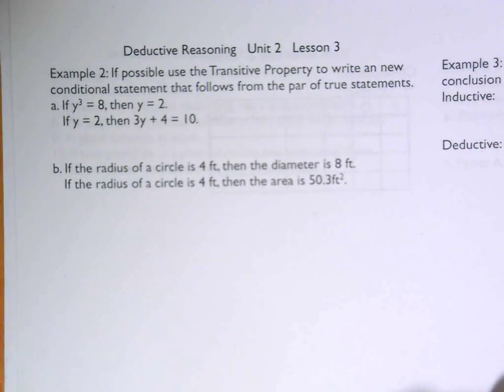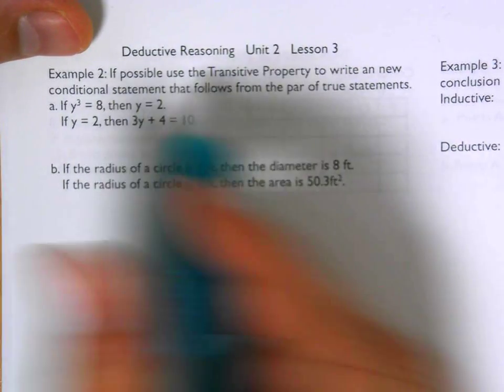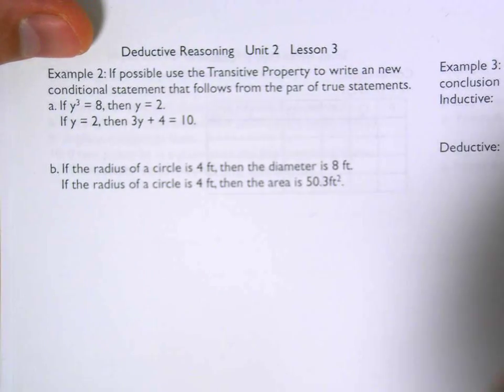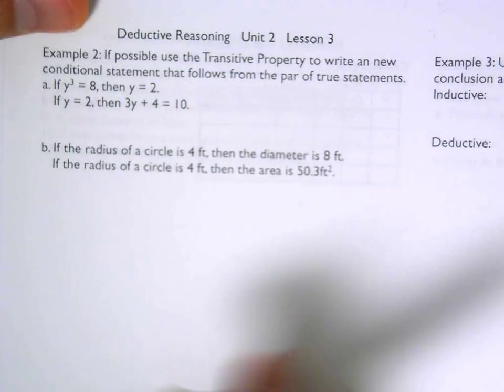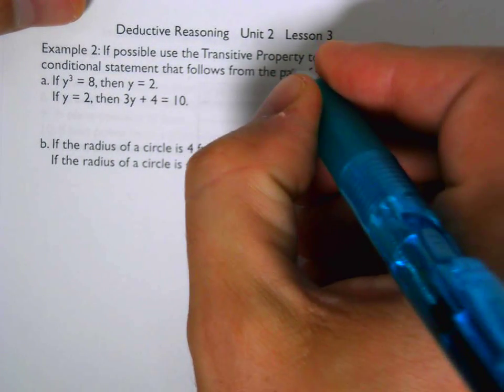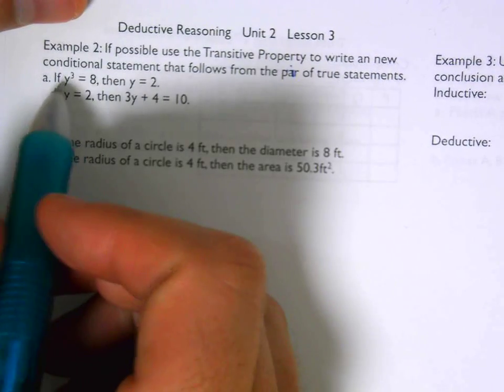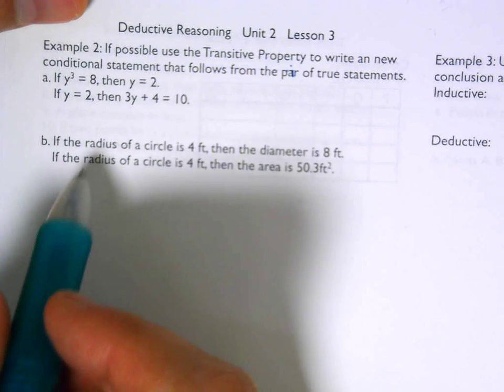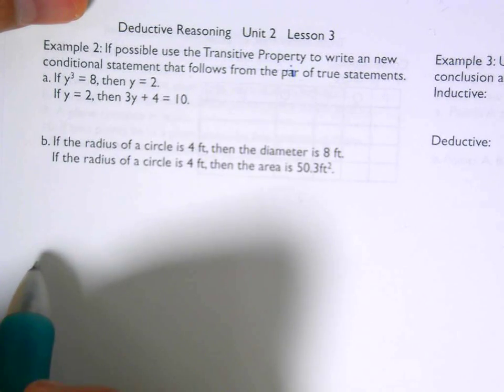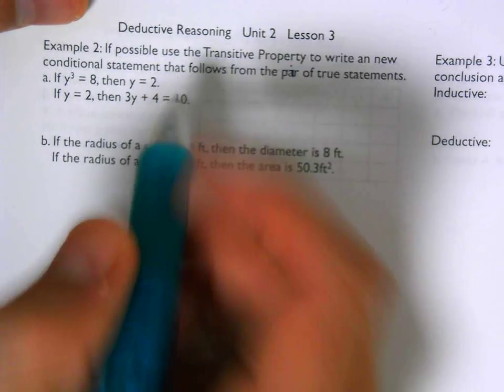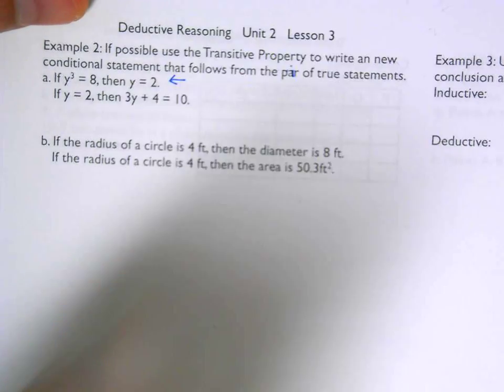Okay, moving on. Example 2. If possible, use the transitive property to write a new conditional statement that follows from this pair of true statements. If y cubed equals 8, then y equals 2. Again, we are assuming that this is true.